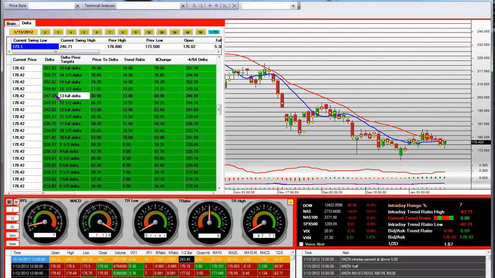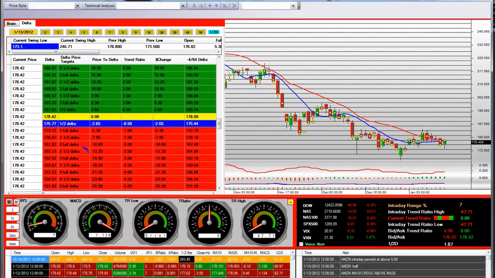And not only that, this is going to turn, and yes, it is a half delta movement here, but look, they were 13 full deltas up, and today the stock is closing at 178, and the stock came down into the negative delta range.